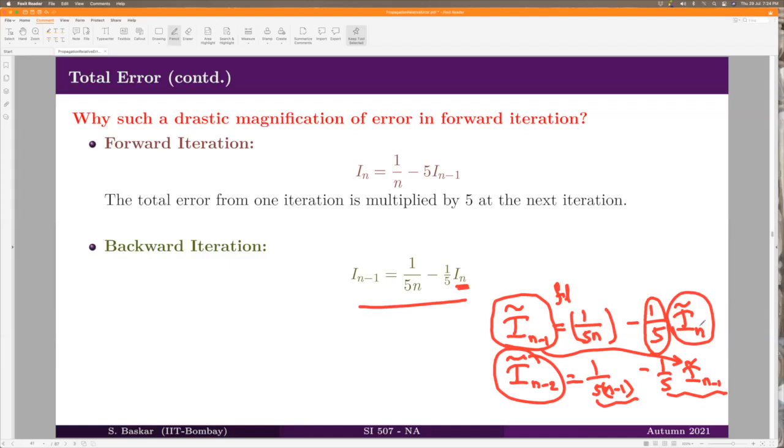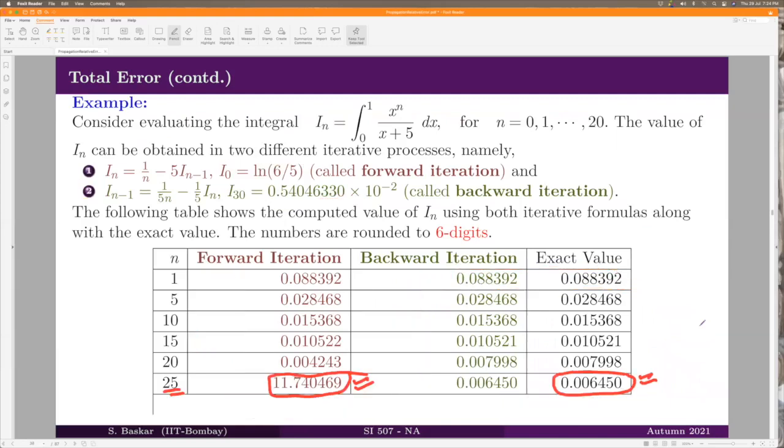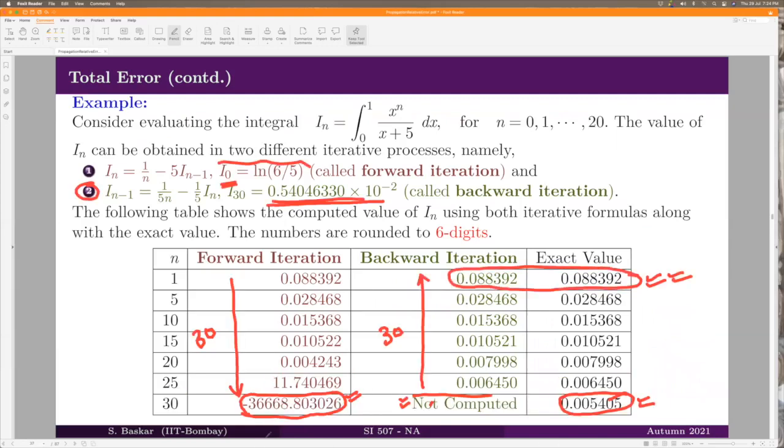That is why you see that backward iteration is still very good up to 30. Maybe you go to 300 or so. We have gone only up to 30 here, but if you go to say 300 or 400, then when you reach the first step there may be a big error. But up to 30, you see that it's very good, while up to 30 the forward iteration was abnormally bad.